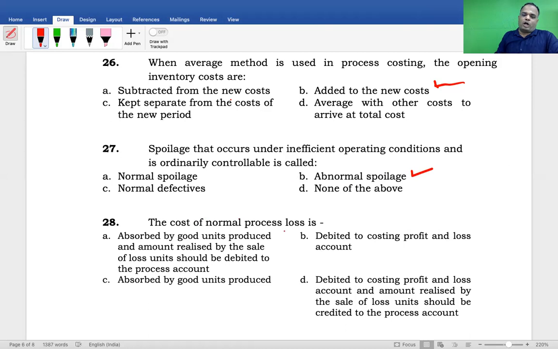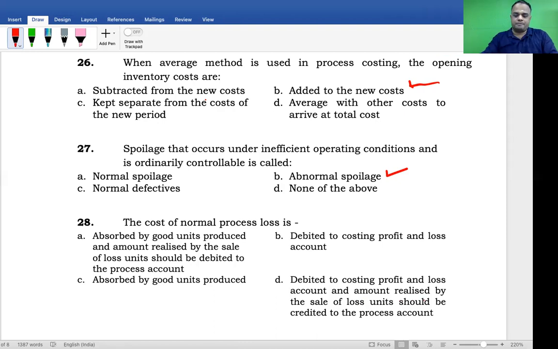The cost of normal process loss is: absorbed by the good units produced; debited to the costing profit and loss account; and the amount realized by the sale of loss units should be credited to the process account.